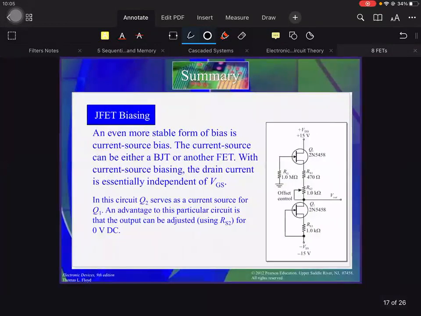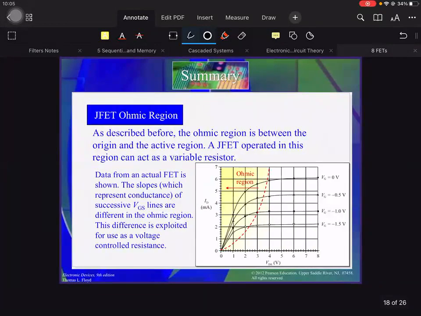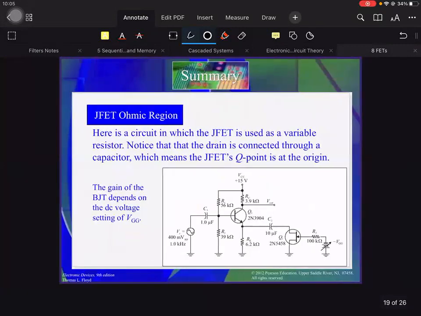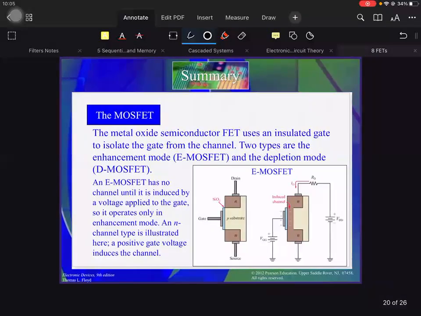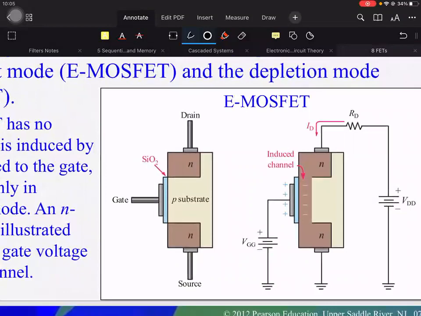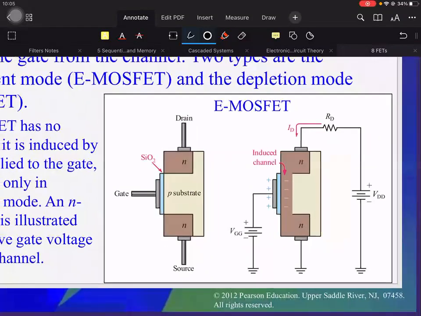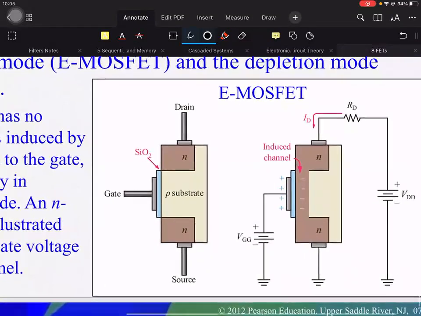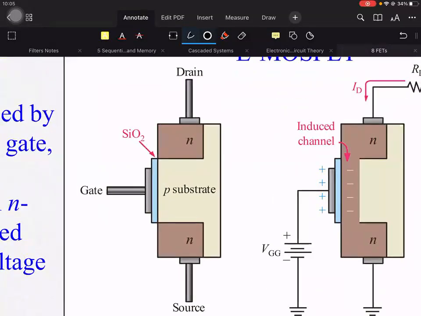Learning biasing. Okay, I think we can skip this. So we have the D MOSFET and the E MOSFET. What is the actual physical construction of the E MOSFET? Technically, the gate is not touching the semiconductor material because of the presence of silicon oxide.